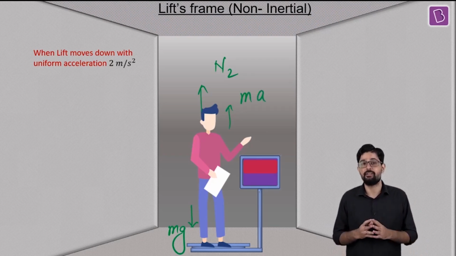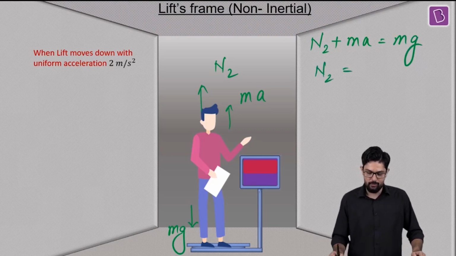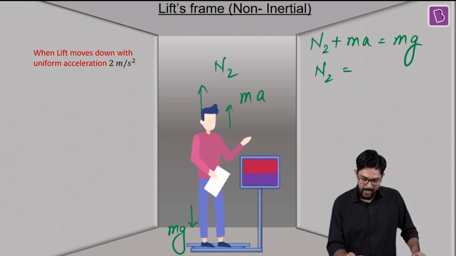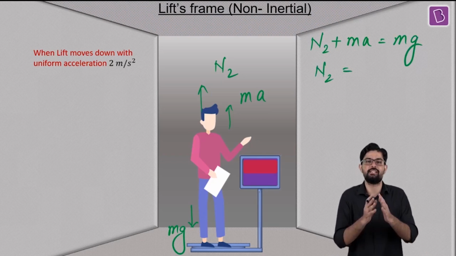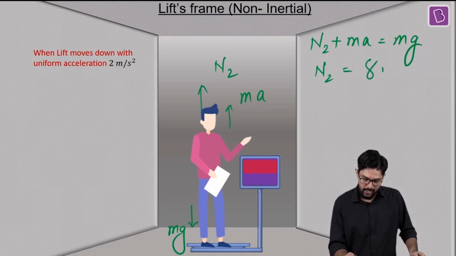Again, from this frame, this man is at rest. So the total upward force must be equal to total downward force, and then only it is possible. So from here you get the value of N2, that is the apparent weight in this case, as m(g - a). So g is 10, a is 2, that becomes 8 into m.